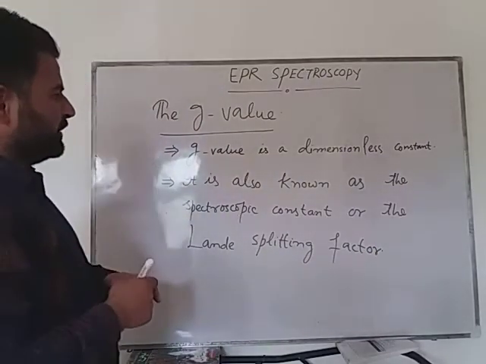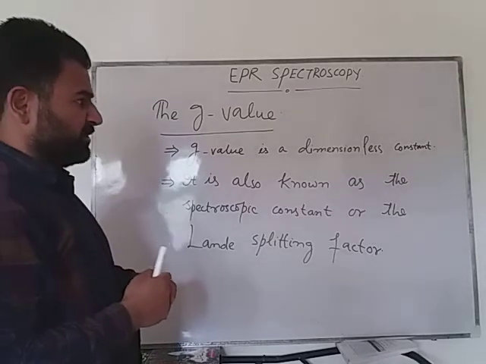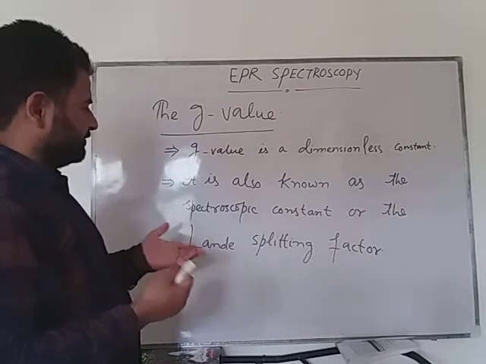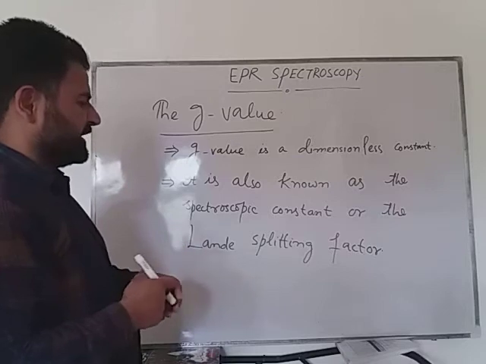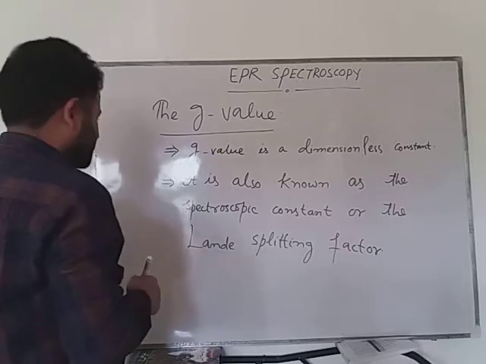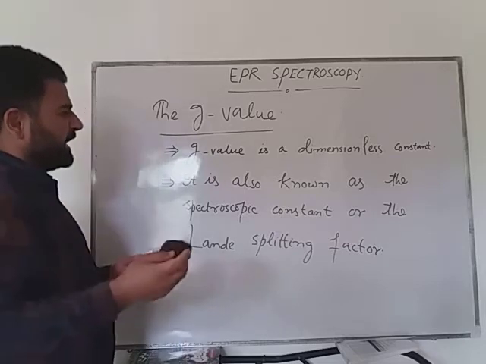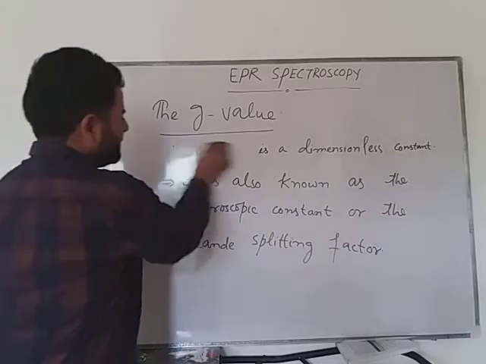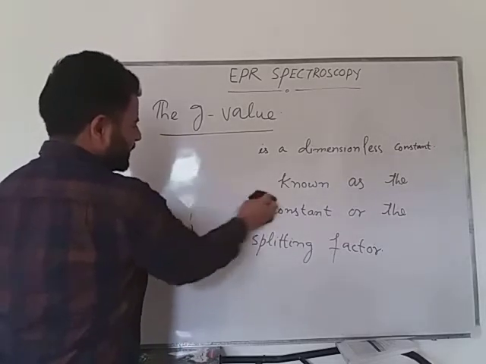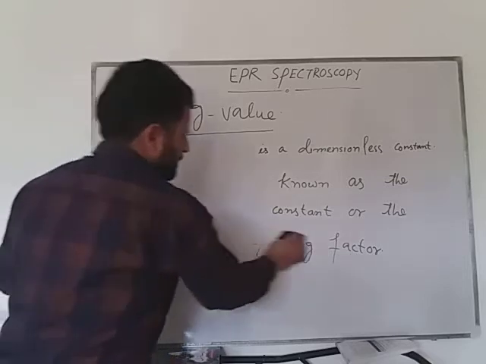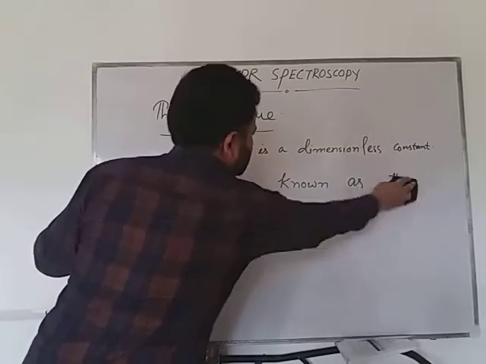So this G value is a dimensionless constant, and it is also known as Landé splitting factor or spectroscopic constant. What it actually is, it is very much analogous to the shielding factor which we use in case of NMR spectroscopy.